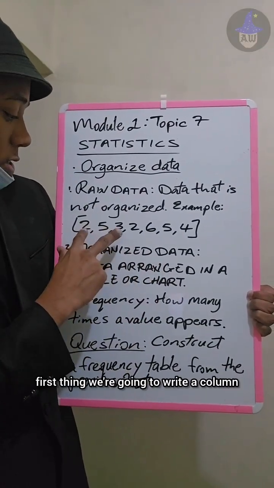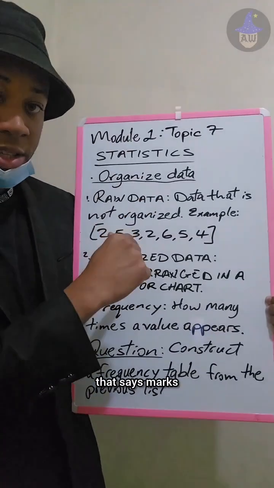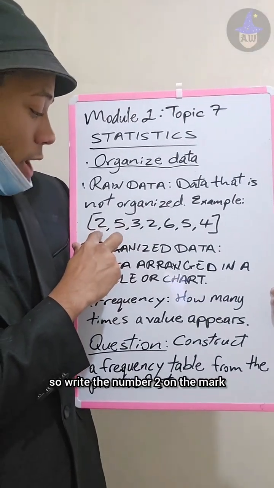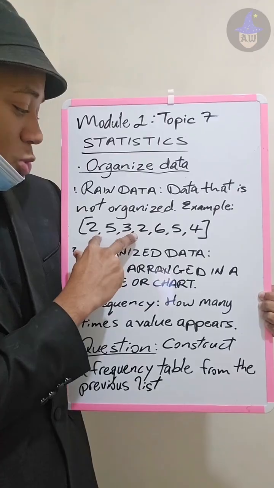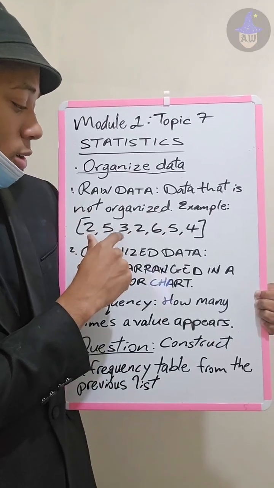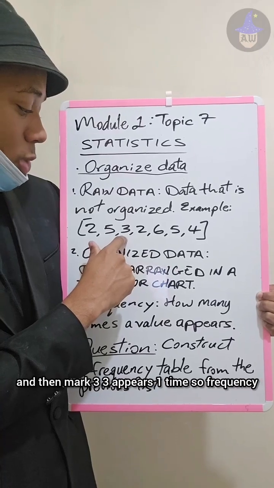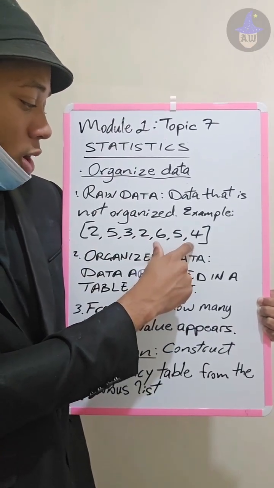So, first thing, we're going to write a column that says marks and a second column that has frequency. So, write the number 2 on the mark, and the frequency for 2 is 2 because it appears 2 times. And then mark 3, 3 appears 1 time. So frequency for mark 3 is 1. And then for mark 4, the frequency is 1.